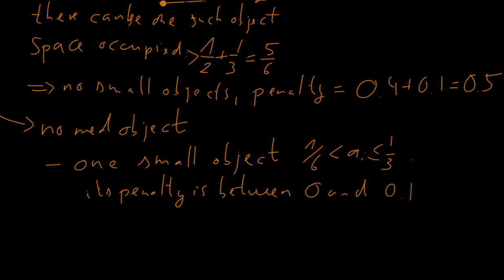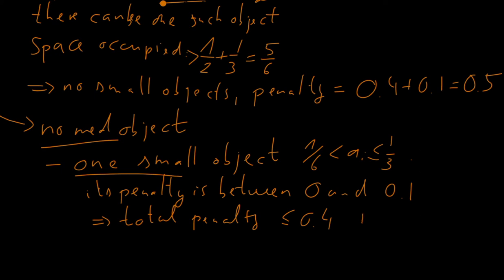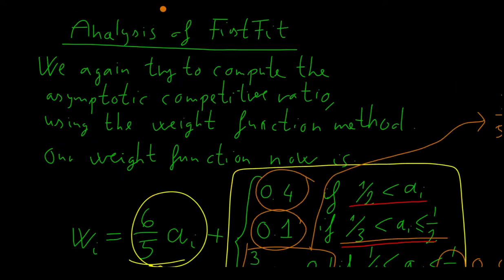And if we have one large object, no medium object, and one small object, then the total penalty is at most 0.4 coming from the large object, plus 0.1, which is the upper bound of this interval, and that's only 0.5.